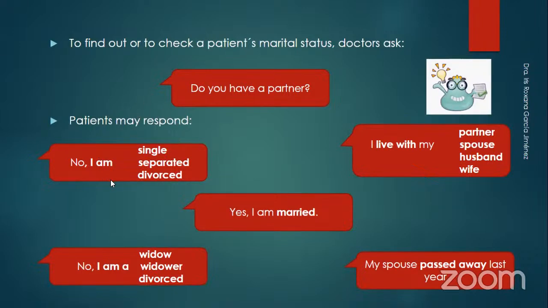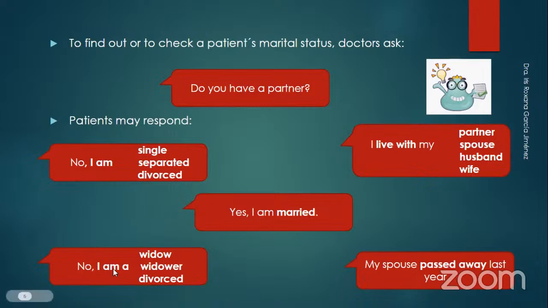Another way patients could say, no, I'm single, I'm separated, I'm divorced. There are three different ways to say that it's single. Or I live with my partner, with my spouse, with my husband, with my wife. Okay.